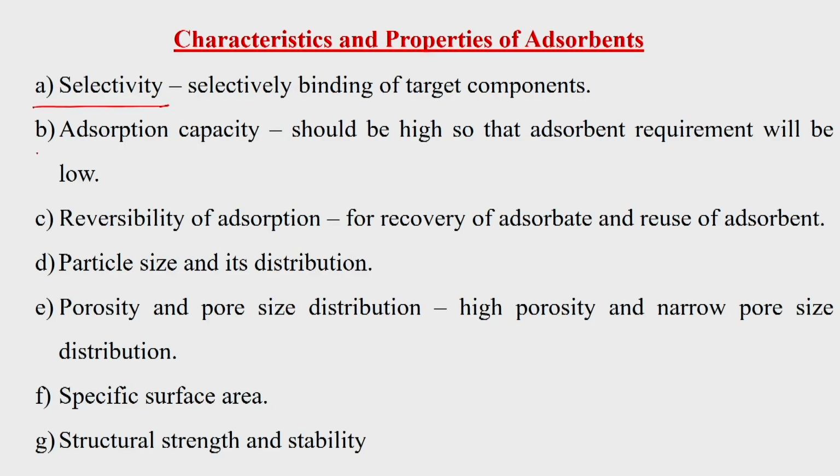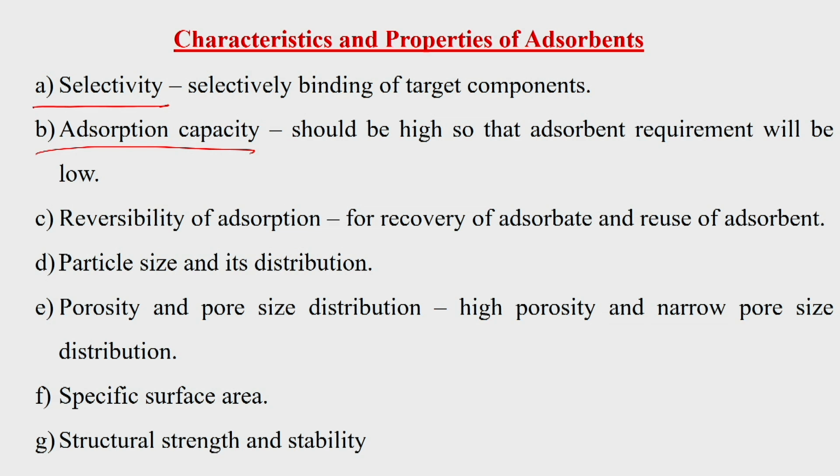So, selective binding of the target component is the prime factor for using an adsorbent as a suitable separating medium in an adsorption process. Then the adsorption capacity should also be very high. It depends on the specific surface area as well as the active surface area.